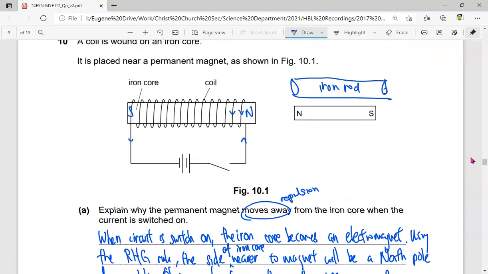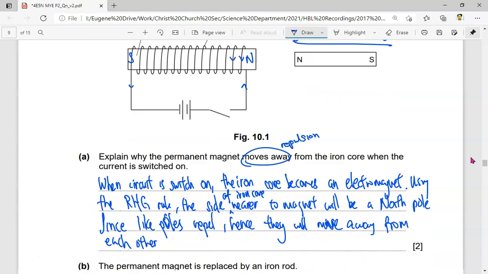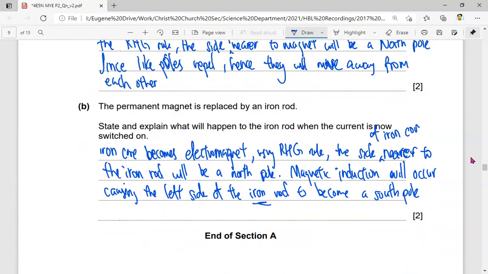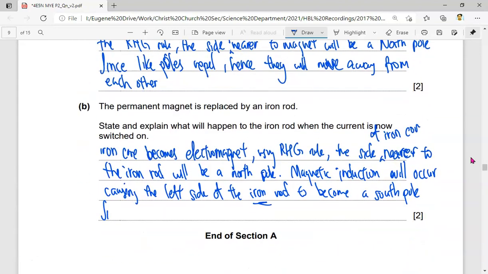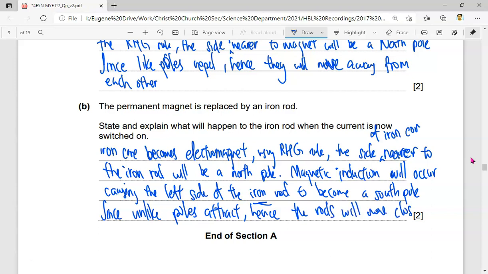So what exactly happened? Once again you have a north pole over here, but since this is an iron rod, this north pole will cause the left hand side of the iron rod to become a south pole. And then the last one is, since unlike poles attract, hence the rod will move closer, or they will attract.